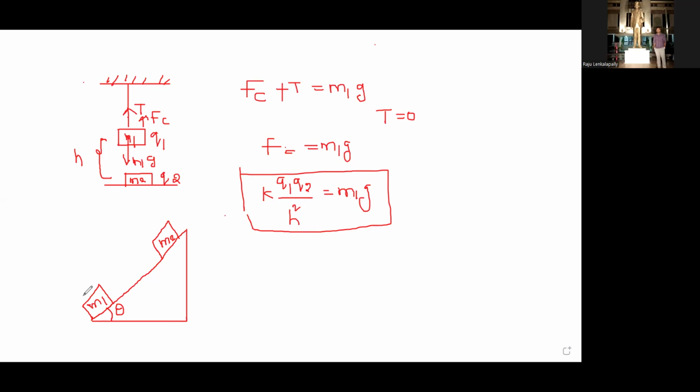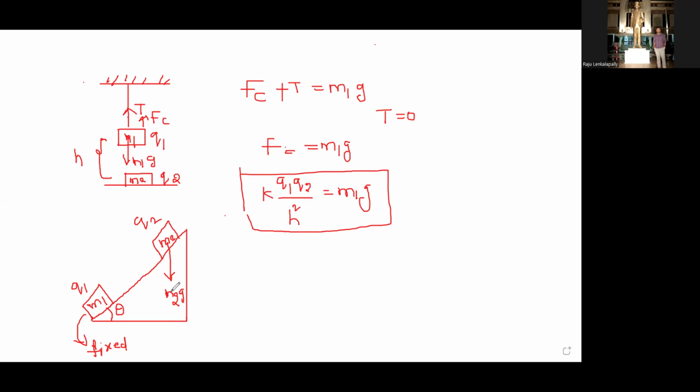So this is the body m1 having charge q1, and m2 has charge q2. M1 is fixed. We know the first force is due to gravity, acting at the center of mass of m2.